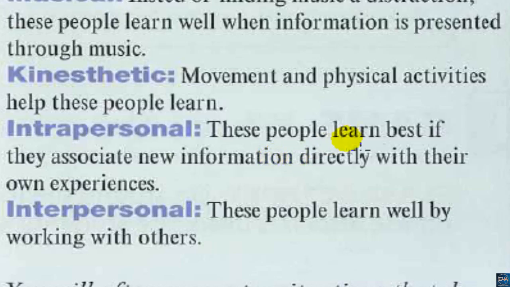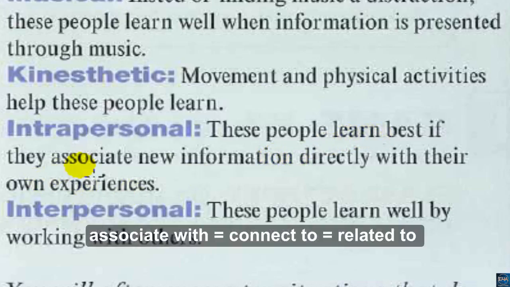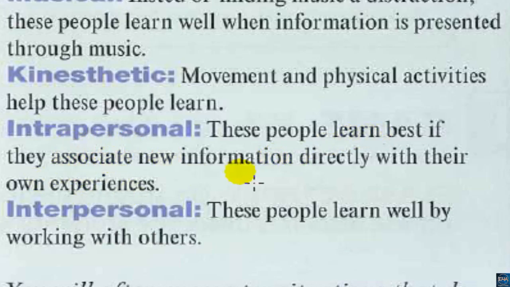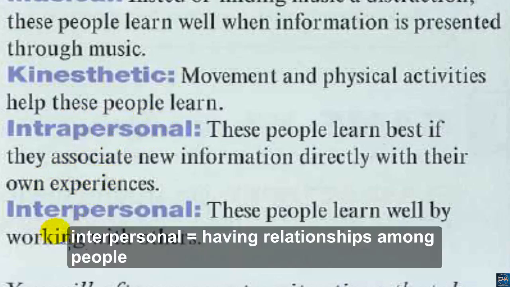Intrapersonal: these people learn best if they associate, if they relate, if they connect new information directly with their own experiences, if they make a relationship between the old information and the new information. Interpersonal: these people learn well by working with other people.